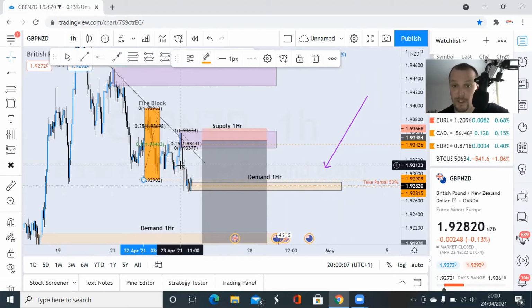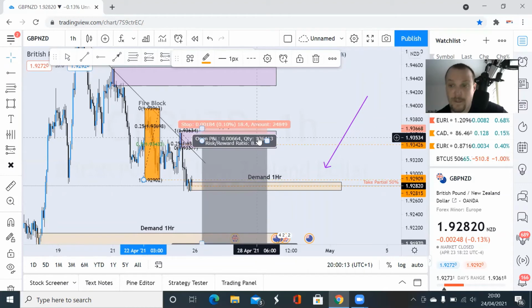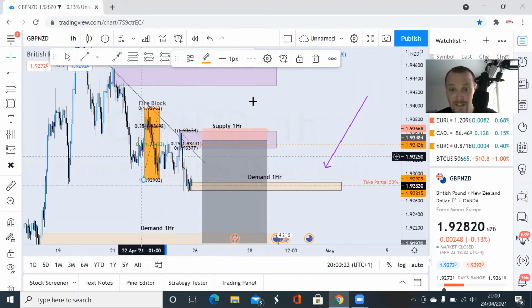I hope you're following along. Within that, the open of the candle is at the quarter point of that zonal area. In conjunction to the bigger picture to the left, we've got the fire block, which is exactly halfway. So this is just stacking confluence on top of confluence, okay?